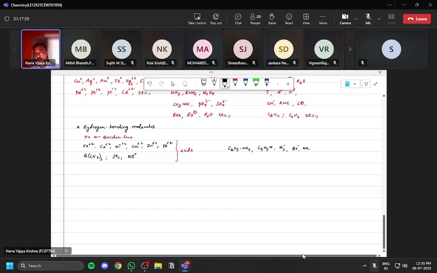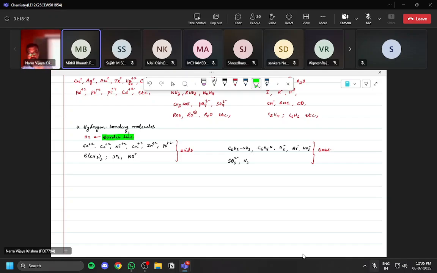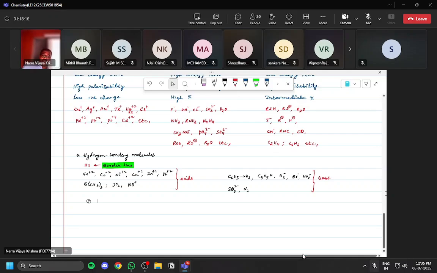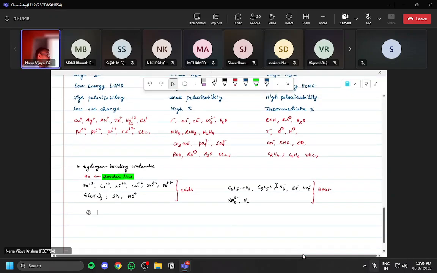Nitrite ion NO2 minus, sulfite ion SO3 2 minus, nitrogen, etc. These are all borderline bases. This is about HSAB, hard and soft acid base theory concept.